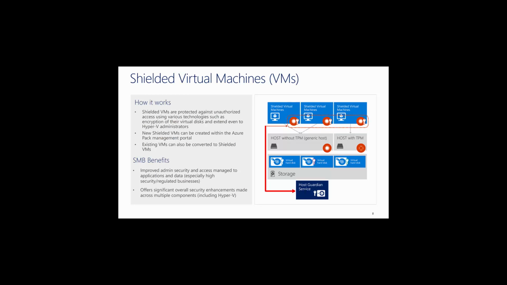This is something that isn't going to be for everyone because, as you can probably imagine, you need to change a few of the workflow pieces that you've got in place for deploying or migrating VMs. If you're running a mix of Hyper-V servers from 2012 R2 and 2016, the shielded VMs won't work on older versions of Windows Server. So there are quite a few things you need to think about to make sure that you can get these deployed properly.